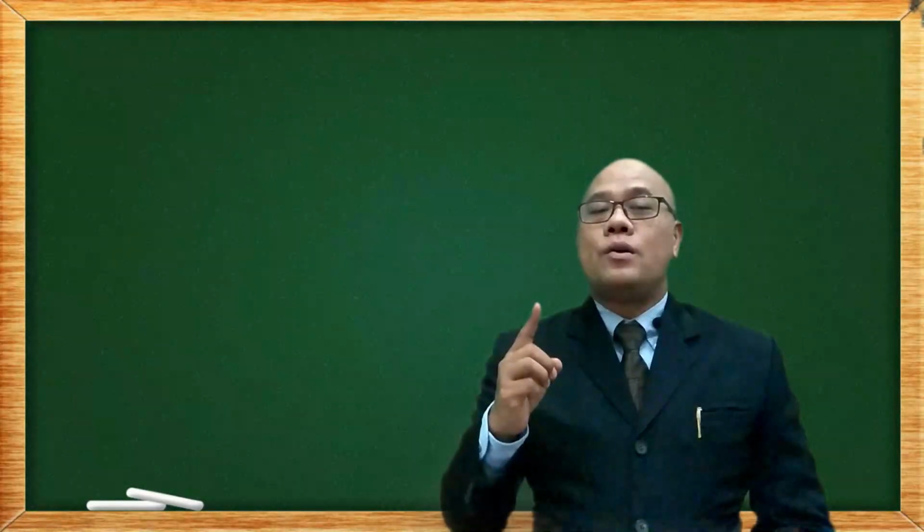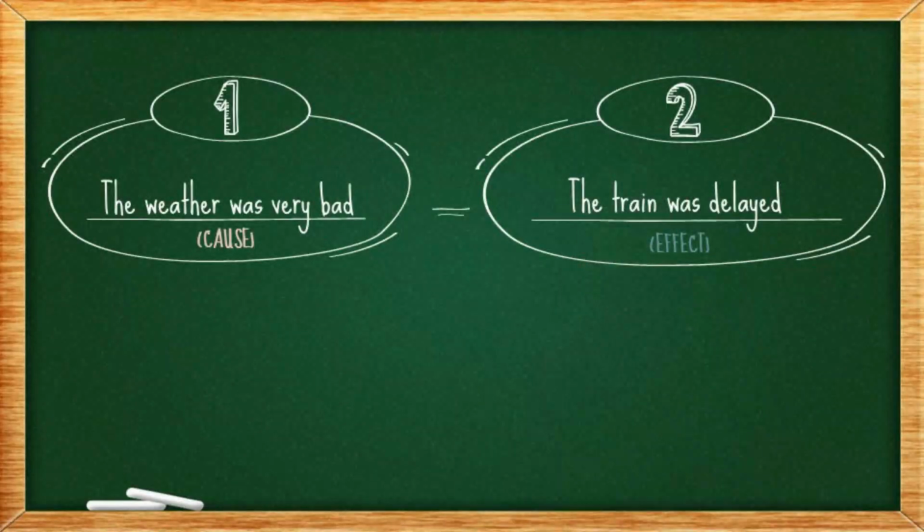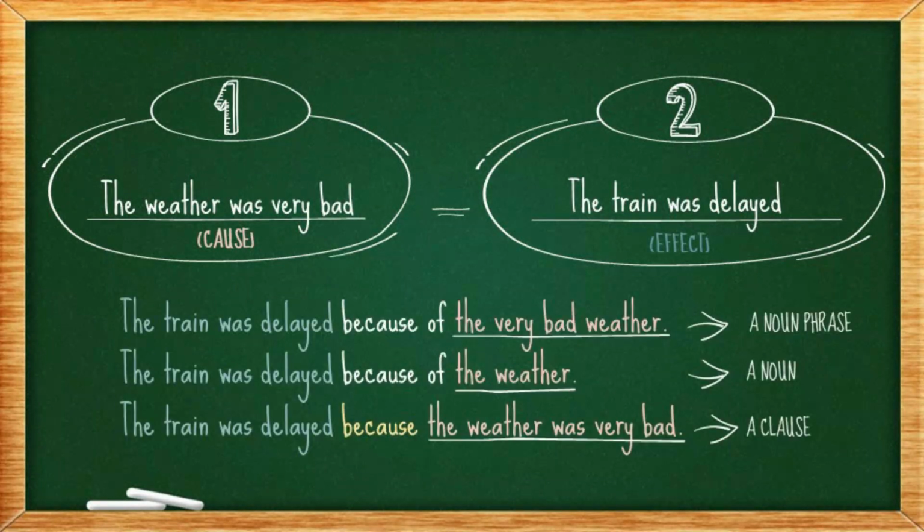Sentence number 1. The weather was very bad. That's the cause. And then the second sentence says the train was too late. So we combine the two sentences using because or because of. It says the train was delayed because of the very bad weather. The very bad weather is a noun phrase, so we use because of.